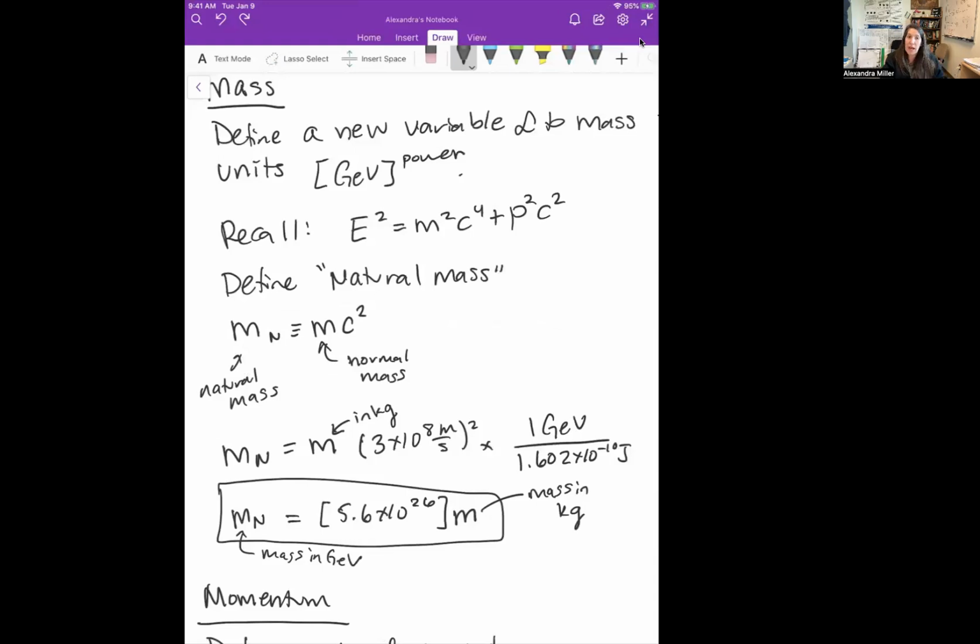Okay, so that is the way I like to think about natural units, as really a redefinition of our variables to these new natural variables, which are proportional to all of our old ones. And again, the thing I really want to stress here is we are losing zero information by doing this.